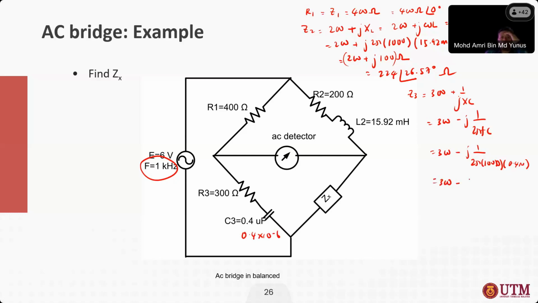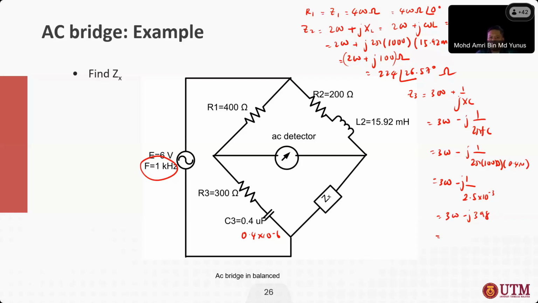So basically j 1 over 2.5 milli. So I get that 300 minus j 398.